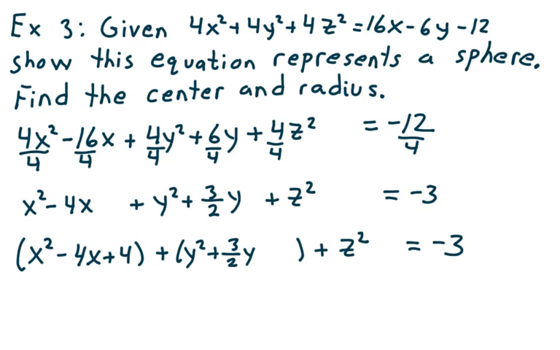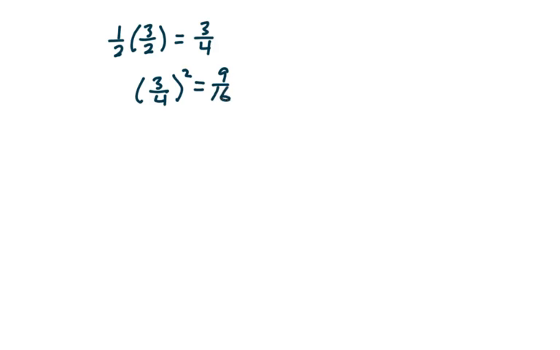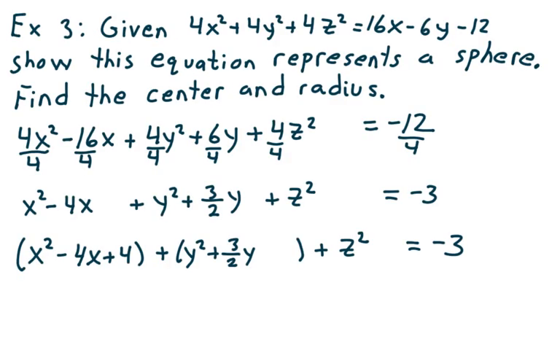Now, here, let's come over here for a second. Remember that half of 3/2 is equal to 3/4, right? And if I take 3/4 and I square it, I get 9/16. So I'm going to add 9/16 here, and I claim that I'm going to get a perfect square.